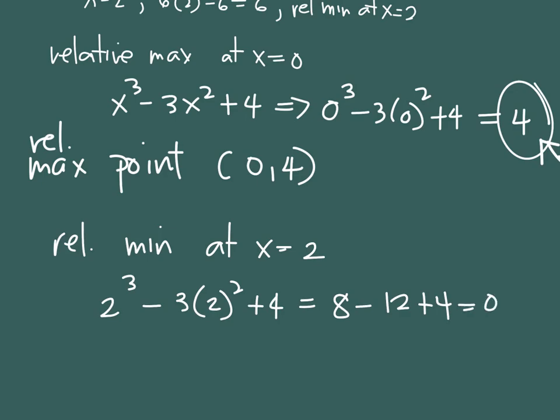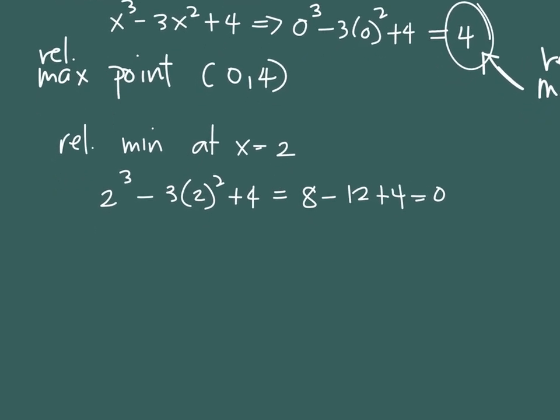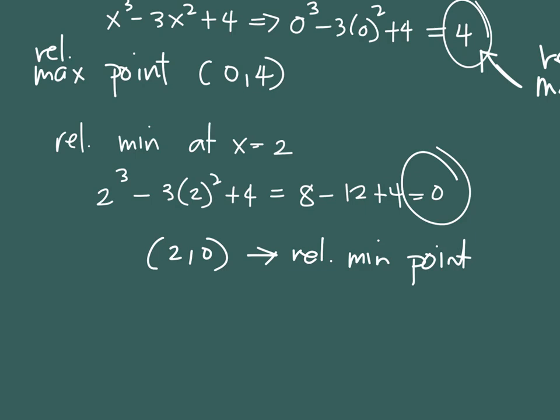So this is equal to 0. So the relative minimum value is 0. The relative minimum point is (2, 0), and 0 is the minimum value. Okay, questions?